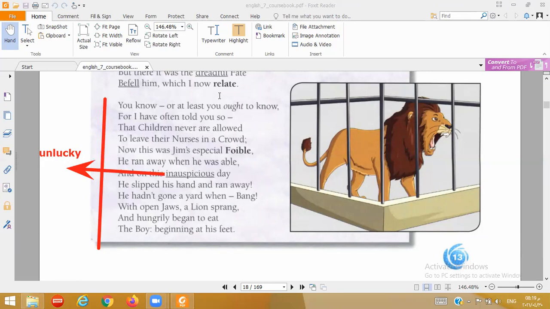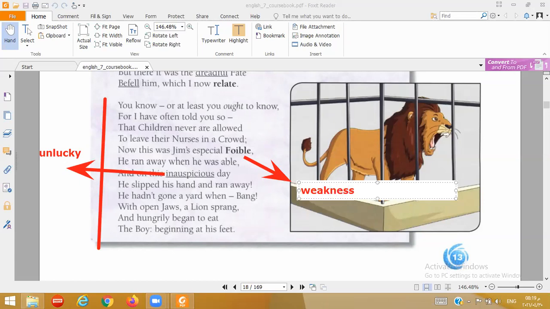Foible, what does foible mean? You can predict it from the context. Now this was Jim's special foible. He ran away when he was able. Foible means weakness.